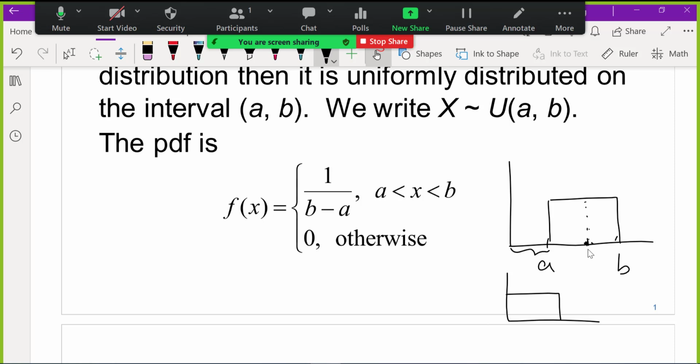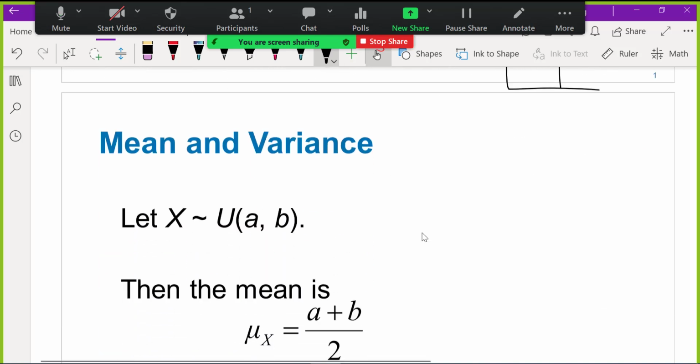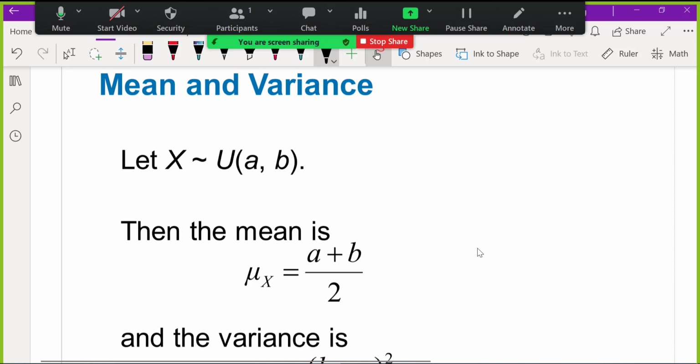You can see from the graph, this is half of B minus A. And this is A plus half of B minus A. So that's equal to half of A plus B.